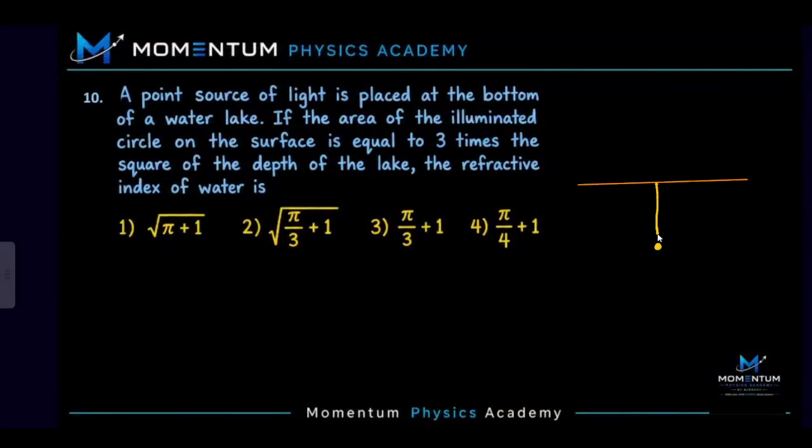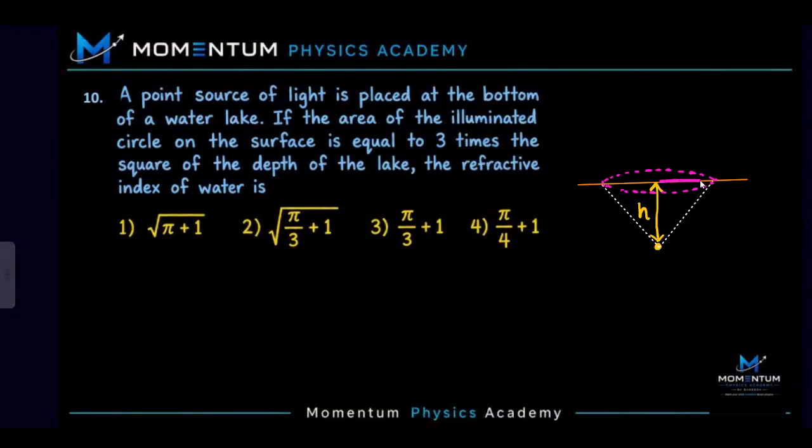So here this is the depth of the lake. Let us call this H. Then here we have the illumination. The circle of illumination is formed here like this, and this region appears to be bright.